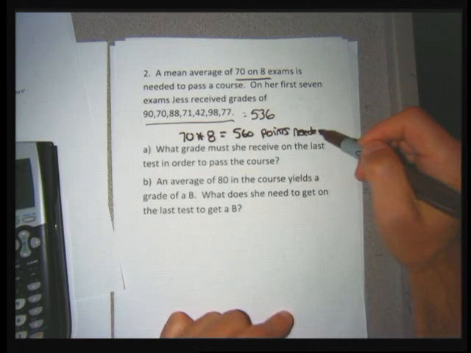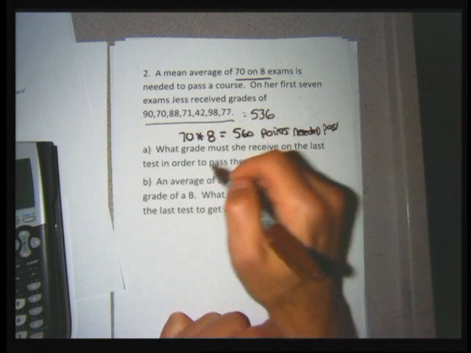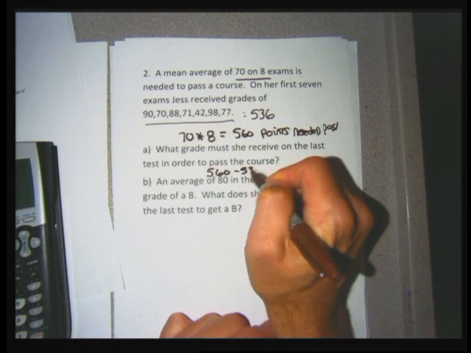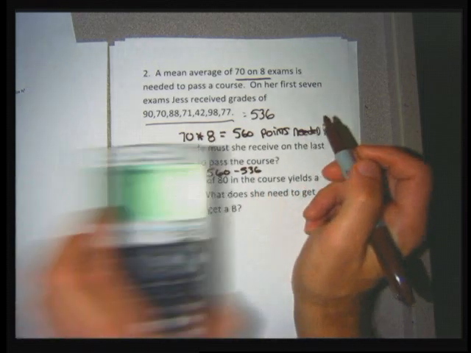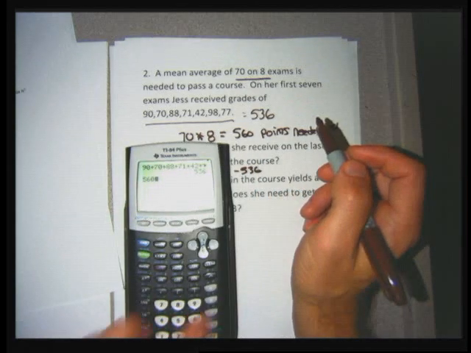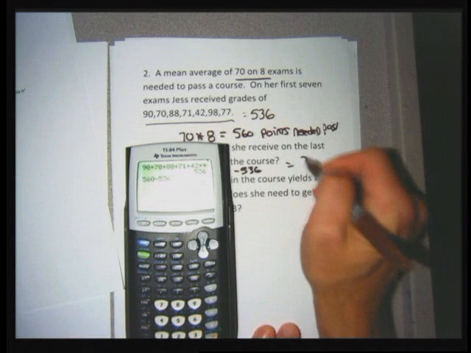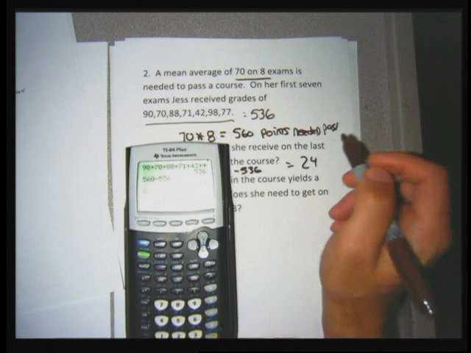I guess I would consider a C passing and not a D. So anyways, you need 560 points to pass. Jess has 536. If I take the difference between 560 and 536, that's how many points she's going to need to get her passing grade. So she needs 24 points to pass.